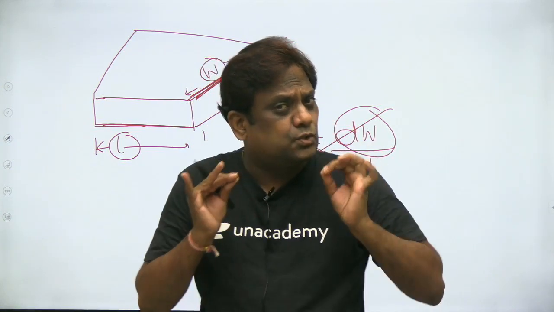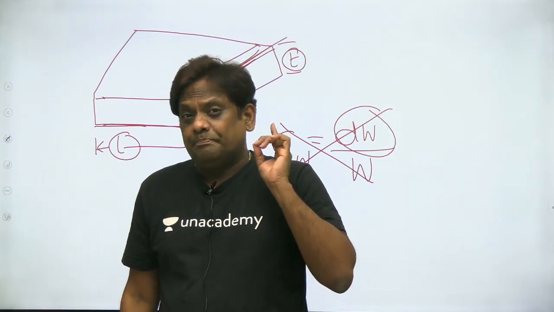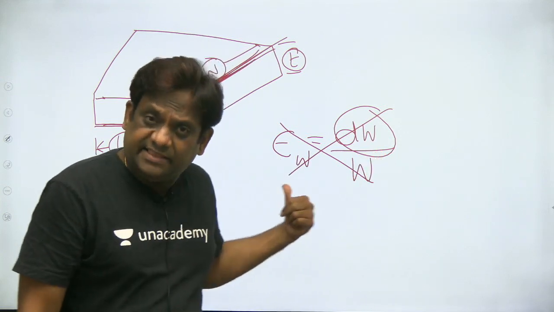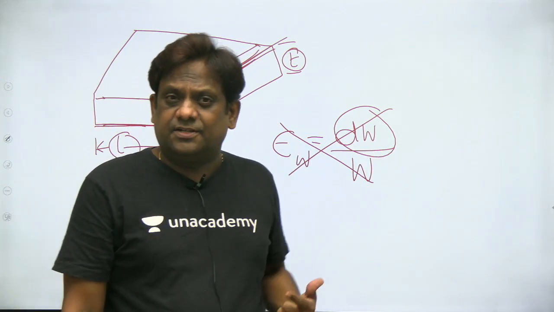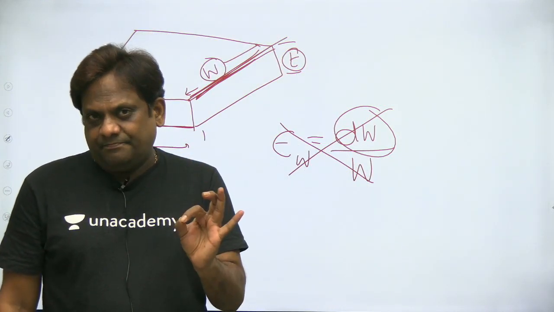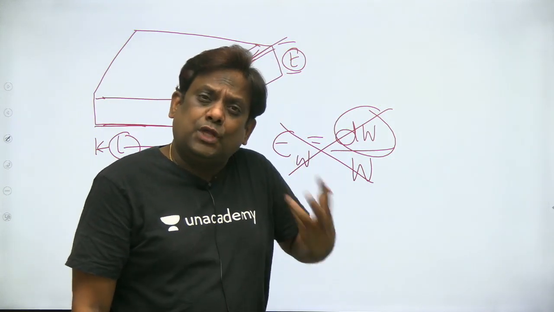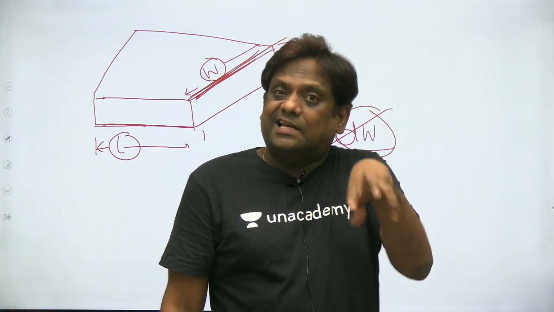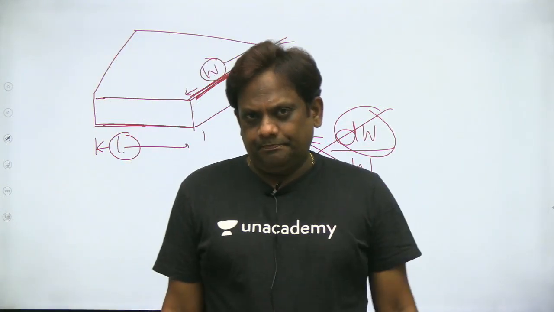The problem with students is they do not take care of assumptions, and analyzing this and deriving equations without knowing assumptions is more dangerous than coronavirus. So assumptions are very, very important.